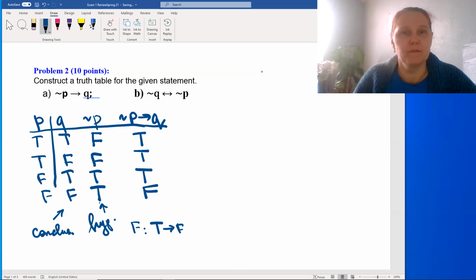Okay, now part B. So we start as usual from the same two columns.